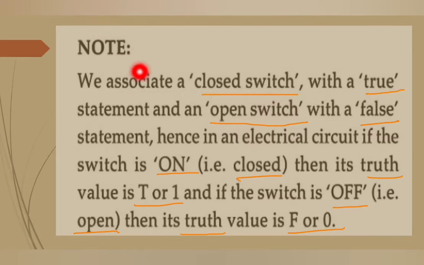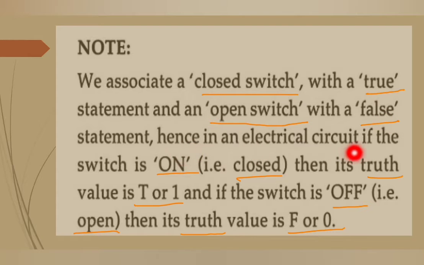Note here, we associate a closed switch with a true statement and an open switch with a false statement. When the switch is closed, we say true statement, and when the switch is open, we say false statement.